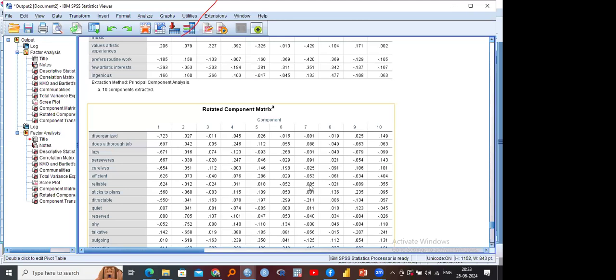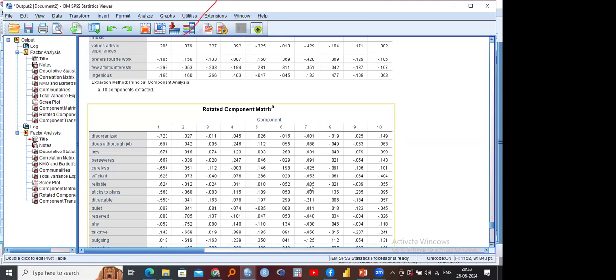Just try to see the trait. So this is the beauty of factor analysis. I hope you all understand that all the variables which are almost related to a similar personality have come together in factor 1. From disorganized to detractable, all these have come under factor 1.